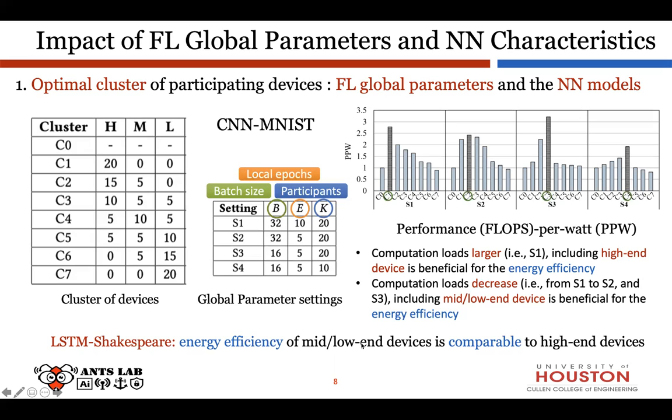For all of these types of devices, they have similar performance. Why is that? Because they don't have convolutional layers, we don't need a powerful GPU. So that's why the performance of mid or low-end devices is comparable to high-end devices.